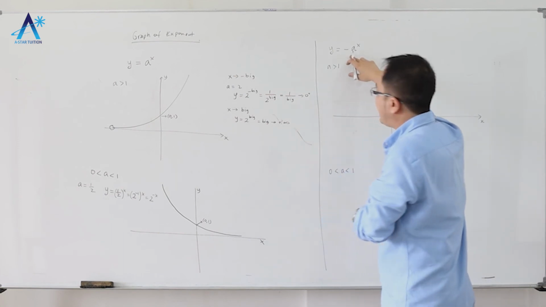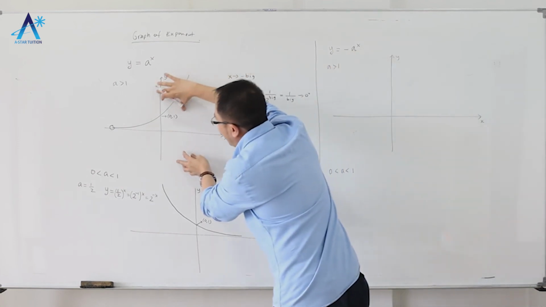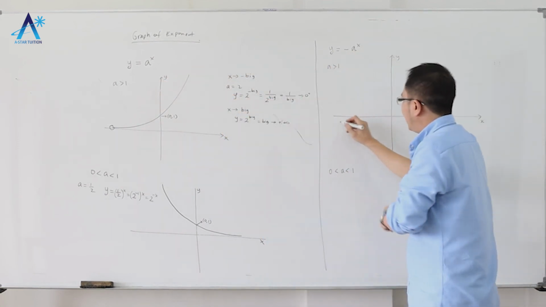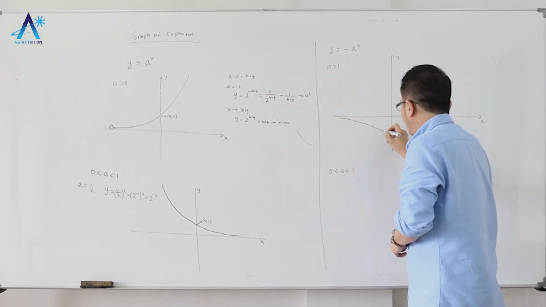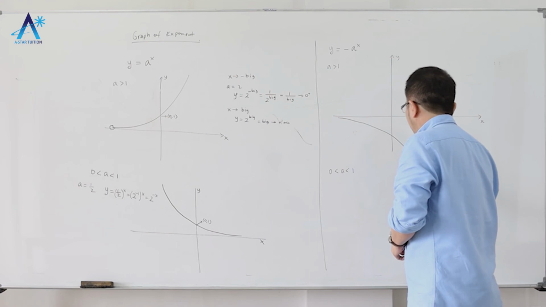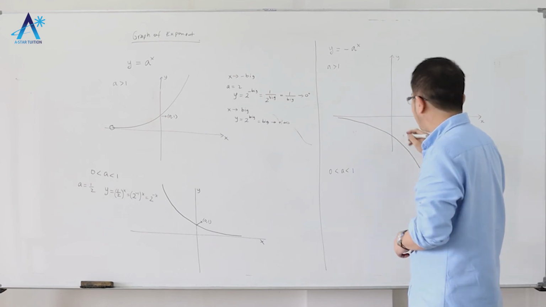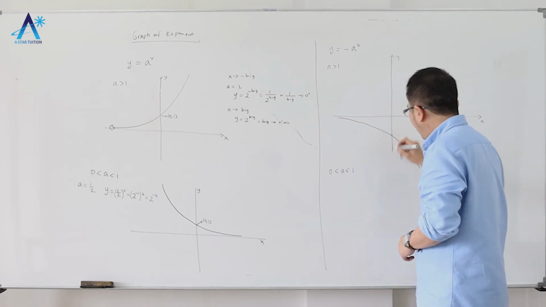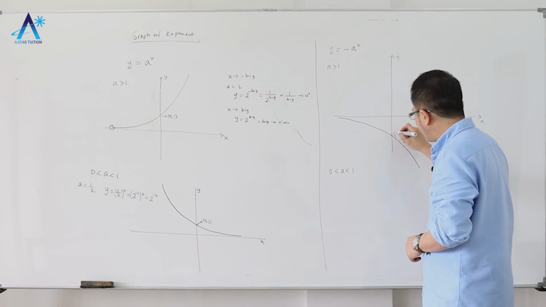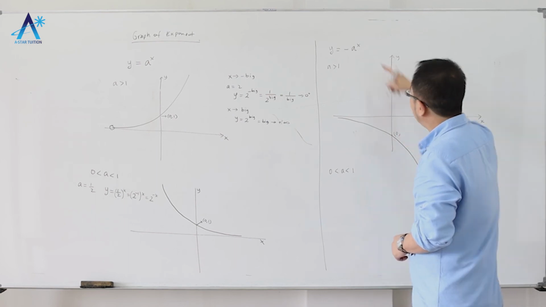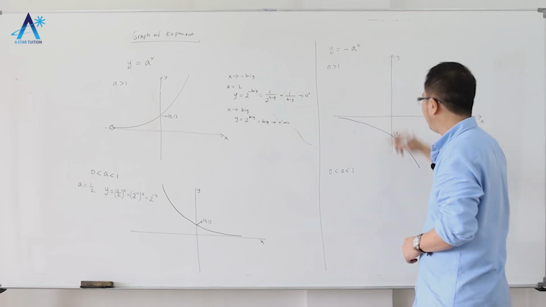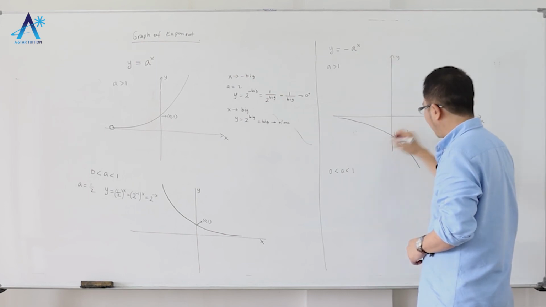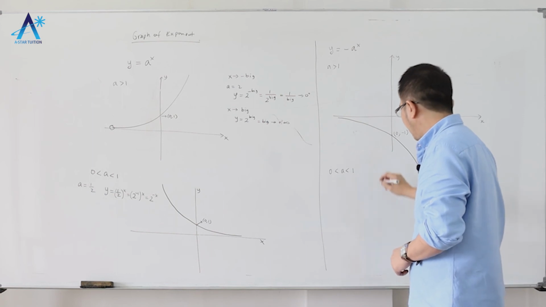Okay, it's basically the reflection of this one by the x-axis, and therefore the graph of such an equation would look like this. Now it's a rapidly decreasing function, and the y-intercept is a power 0 is 1, but there is a negative preceding it, so it's negative 1 here.